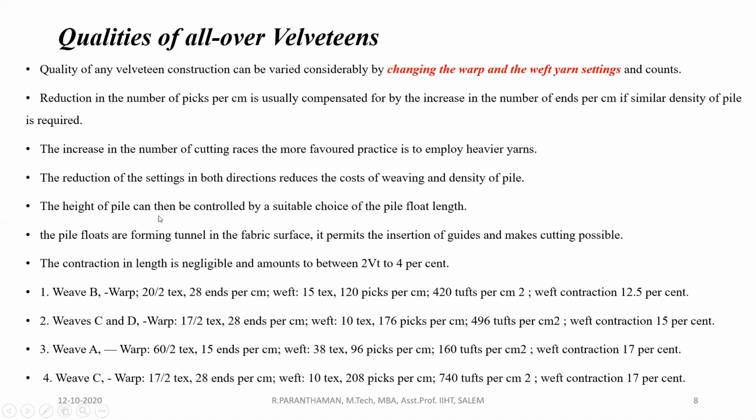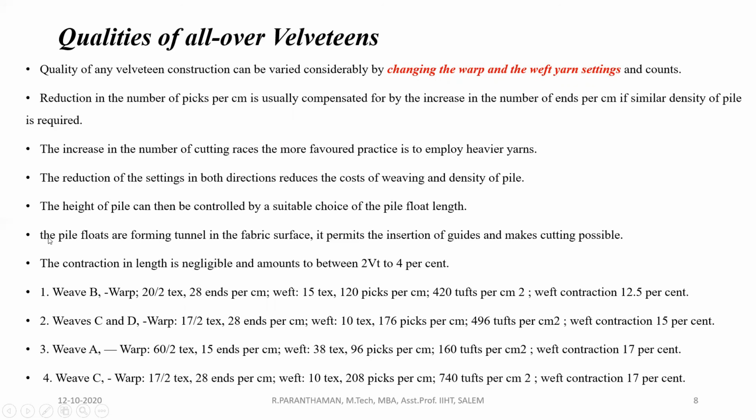The height of pile can then be controlled by a suitable choice of the pile float length. Already we have seen the pile float length is based on the number of floats in the pile weave, and that will decide the height of the pile.